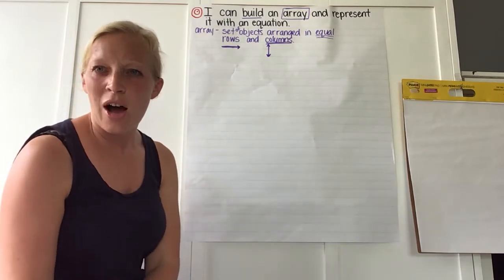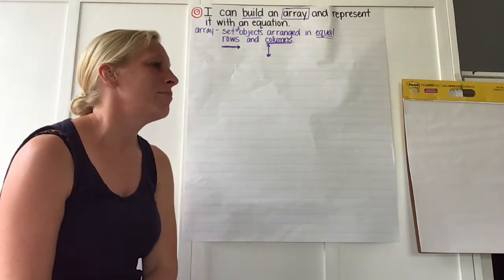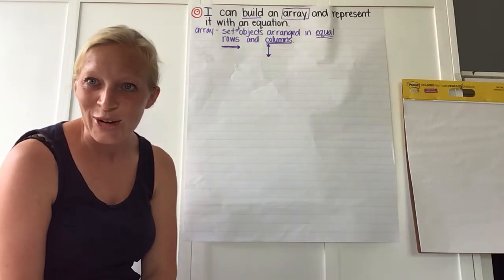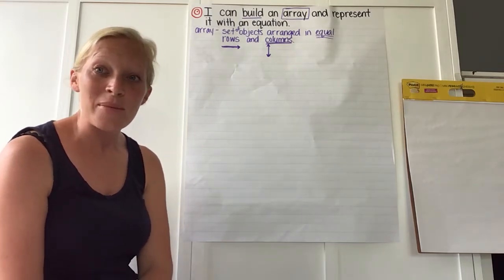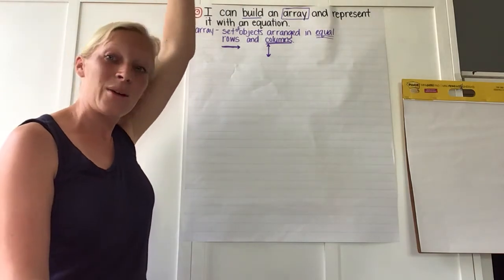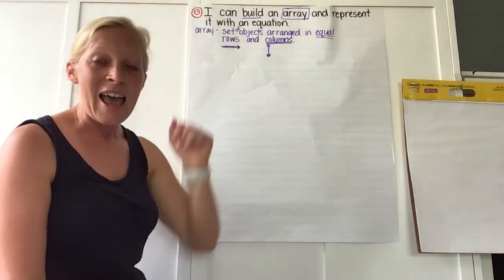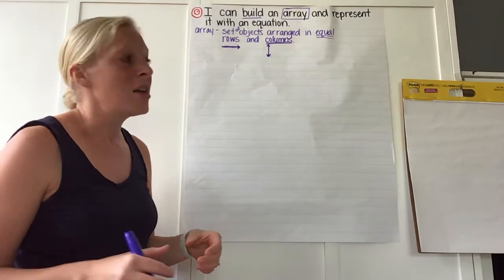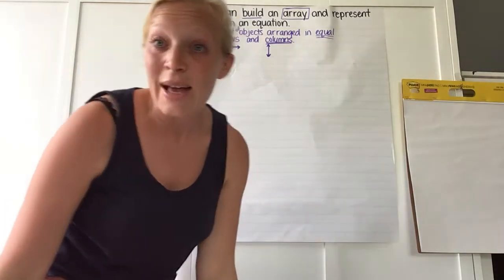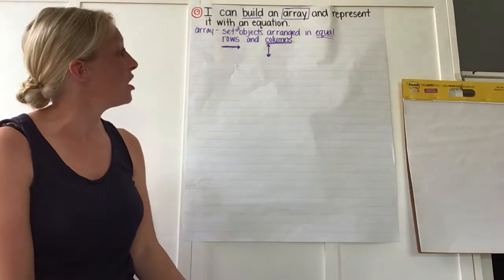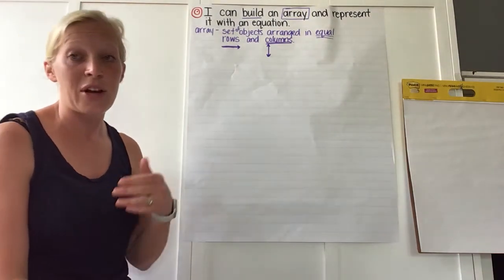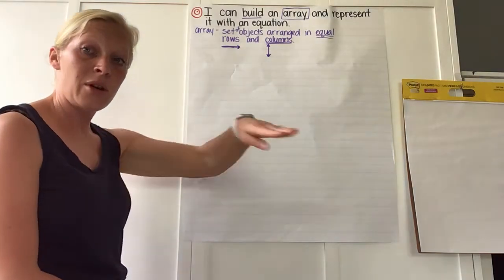When I think of columns, I think of, in fact, we've got columns in the front of our school building, don't we? We have those columns that hold up that big roof at the top at the front. And those columns are going up and down, okay? Those columns hold things up. In our case, our columns are just the group of objects that are going up and down, okay? That's how they're arranged in either columns or rows.